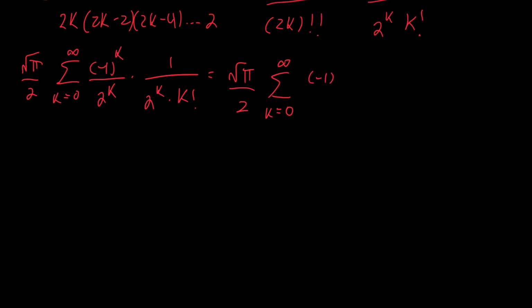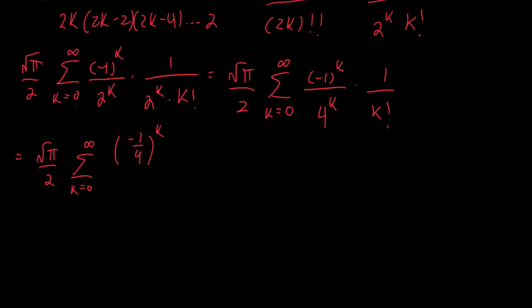We're going to have a negative 1 to the k over, we're going to have a 2 to the k times 2 to the k, but it's just going to be 4 to the k times 1 over k factorial. This is equal to the square root of pi over 2, and then the sum from 0 to infinity, negative 1/4 to the k power over k factorial.